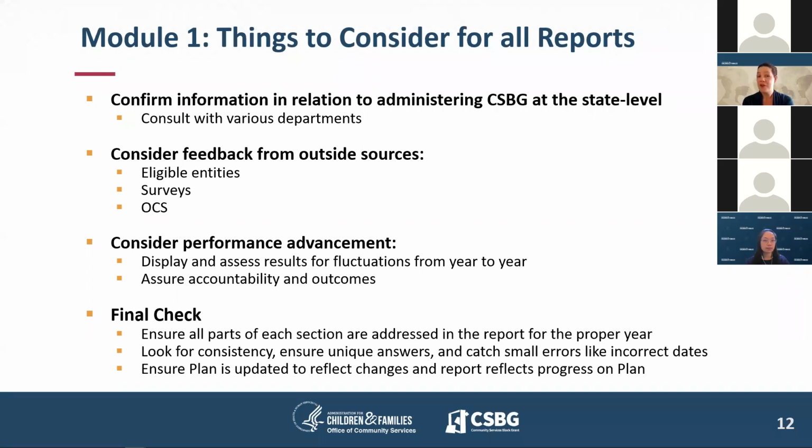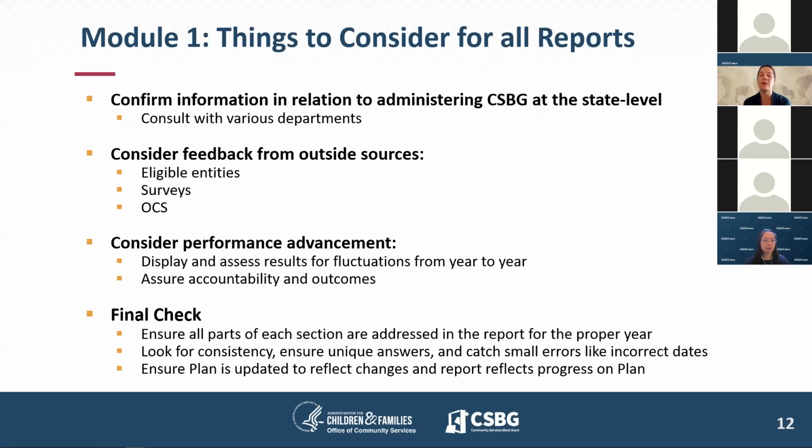Do a final check before you submit your report. Make sure that everything is addressed in each section. Sometimes one part of a section is addressed and another part is not. So it's helpful to do one last review before you hit that submit button. Sometimes we see a lot of dates that are incorrect. So we'll see 2019 instead of 2020.